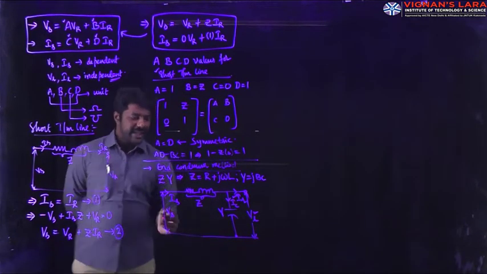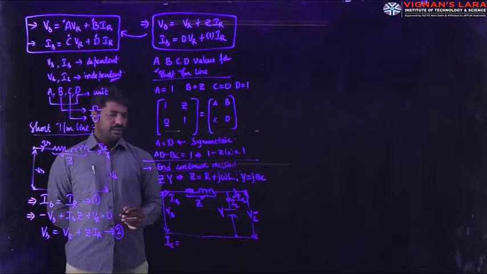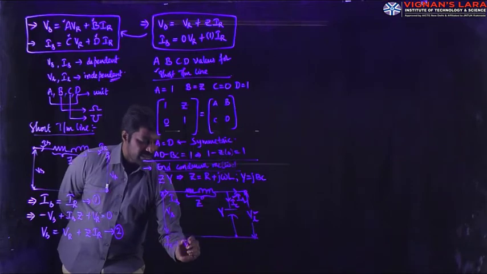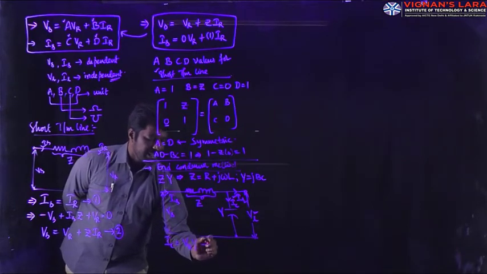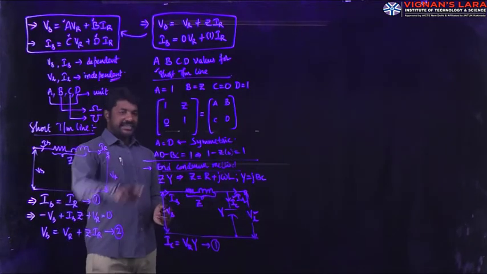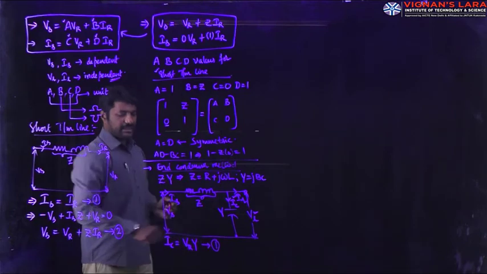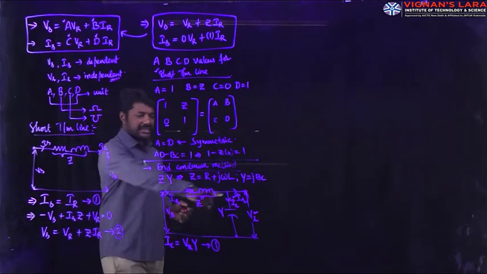The magnitude of IC is equal to the voltage applied across it, VR, multiplied by Y. Let it be equation 1. For this end condenser method, IC is equal to VR into Y, and IR is a known quantity.